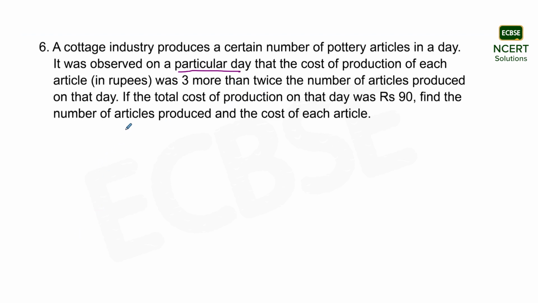Right. So let n be the number of articles produced on that day. Here we are assuming that the number of articles produced on that very day was n, where n is a variable.